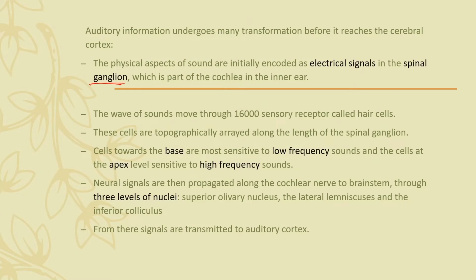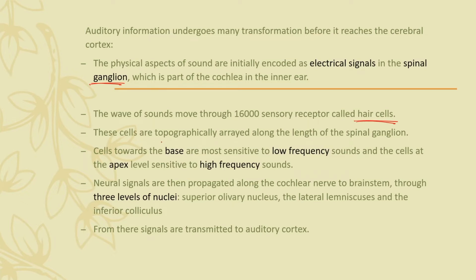Now, this wave of sounds that have been taken in through the ears, in the form of electrical signals, will move through thousands, in fact 16,000, sensory receptors, which are called the hair cells. The wave travels through the hair cells and then goes through a long winding way.